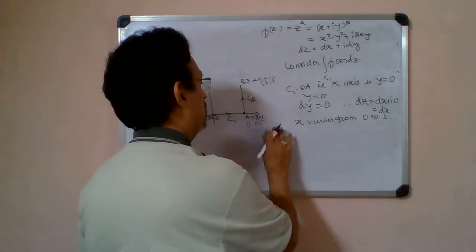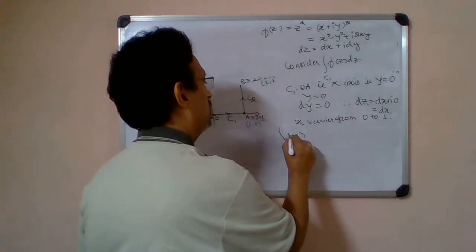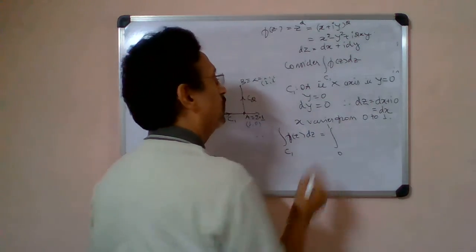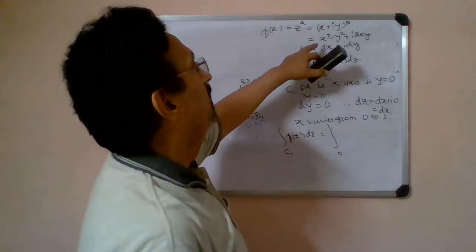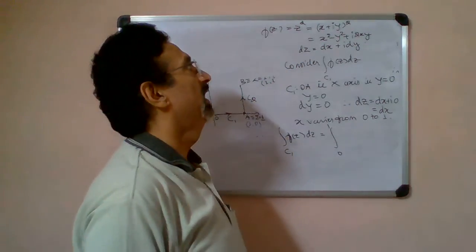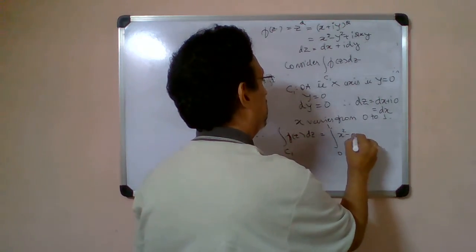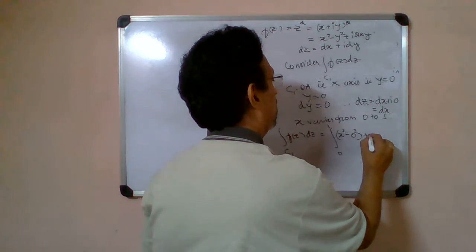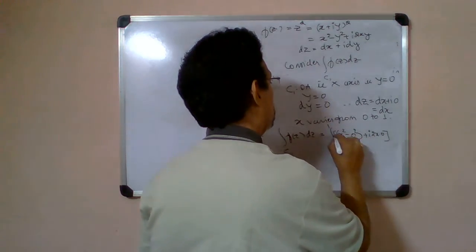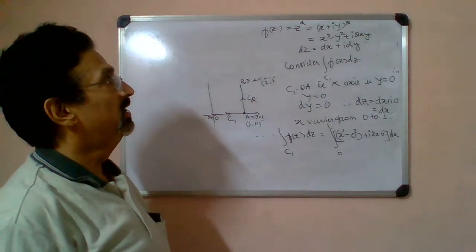Therefore, the integral over C1 of f(z) dz will be equal to the integration of x from 0 to 1 of f(z), which is x squared minus y squared plus i times 2xy. With y equal to 0, it is x squared minus 0 squared plus i times 2 into x into 0, times dx, because dz is dx.